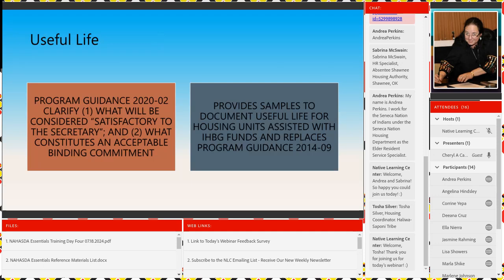The guidance 2020-02 clarifies what will be considered satisfactory to the secretary, what constitutes an acceptable binding commitment.